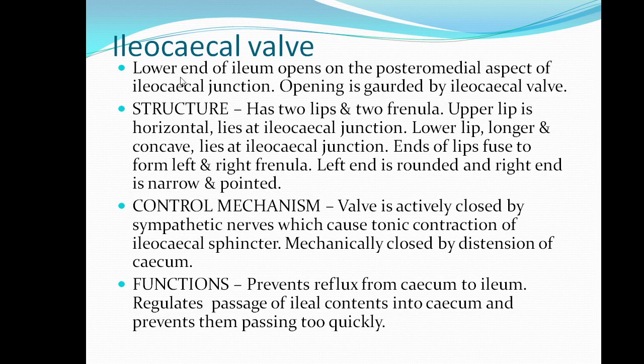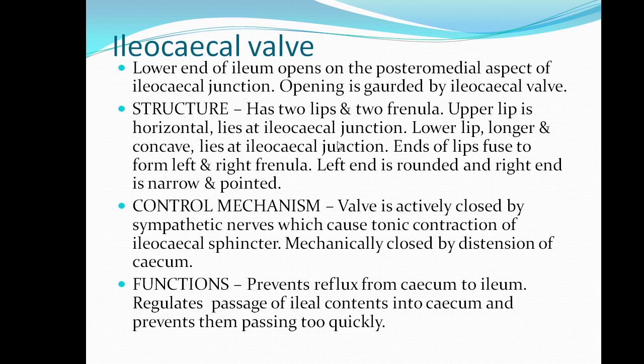Ileocecal valve. The lower end of the ileum opens on the posteromedial aspect of the ileocecal junction. The opening is guarded by ileocecal valve. The ileocecal valve has two lips and two frenula. The upper lip is horizontal.